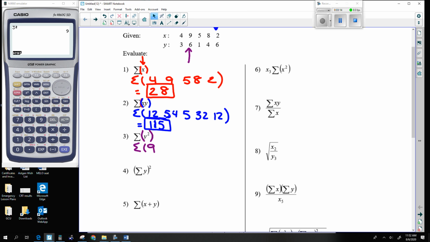Next, 6 squared. 6 times 6 is 36. Next is 1 squared. 4 squared. 6 squared. And then we add them up.